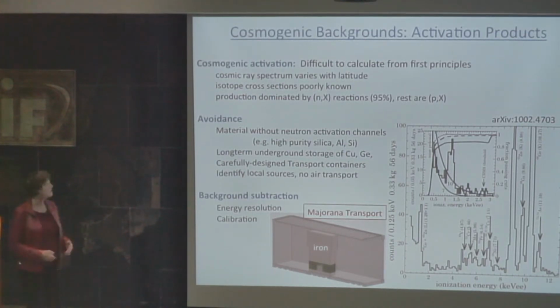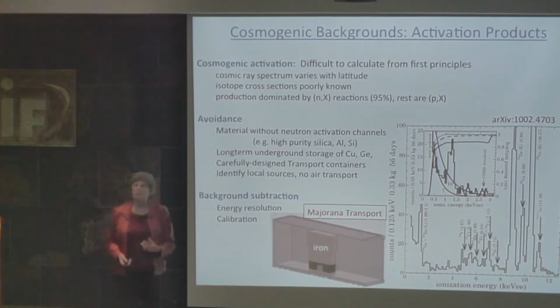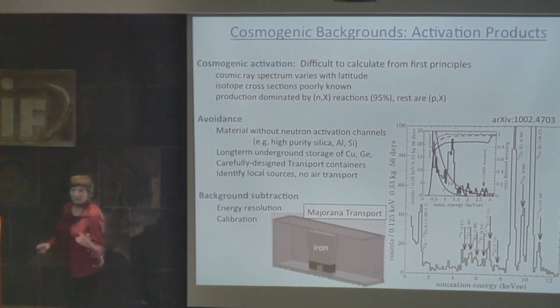channels. Not everything does. So for example, I said silicon here, but now we know that there is a cosmogenic product, but it doesn't have to do with leaving the silicon out in the open. It has to do with the silicon-32, which I mentioned earlier as being one of the major backgrounds in very sensitive silicon detectors.